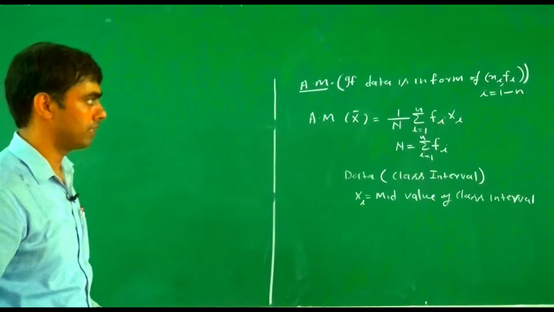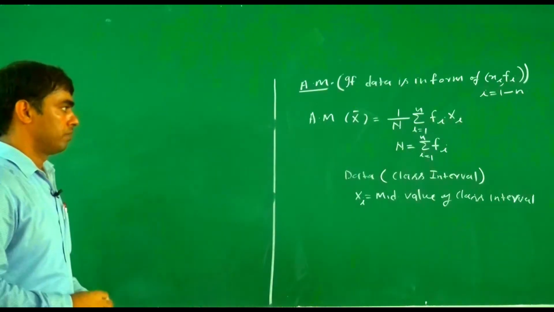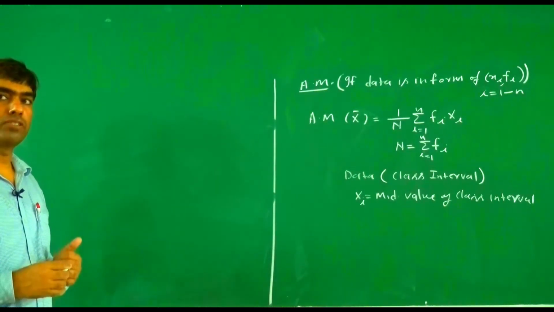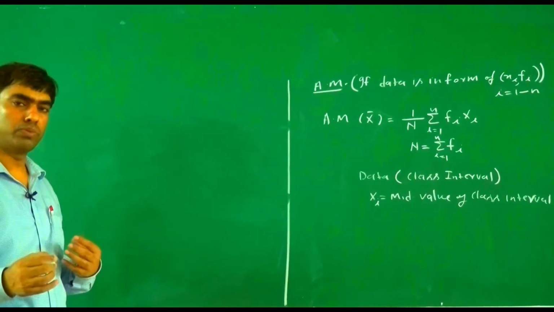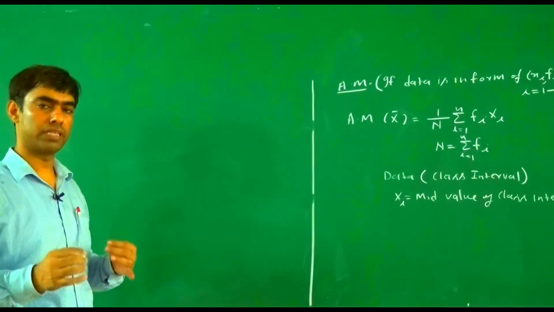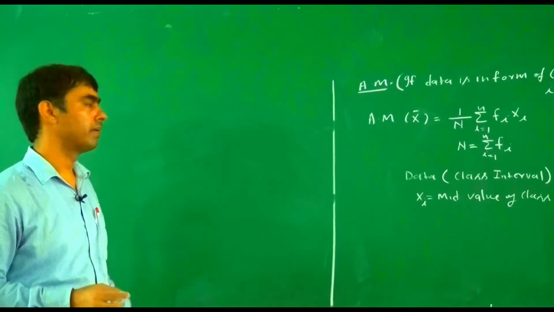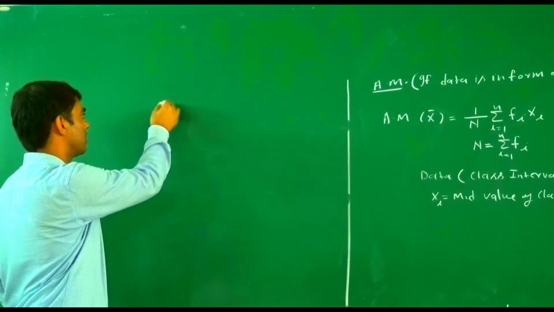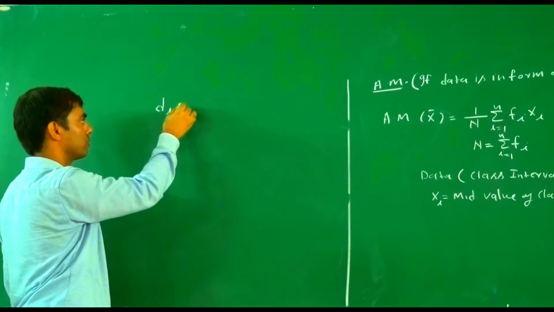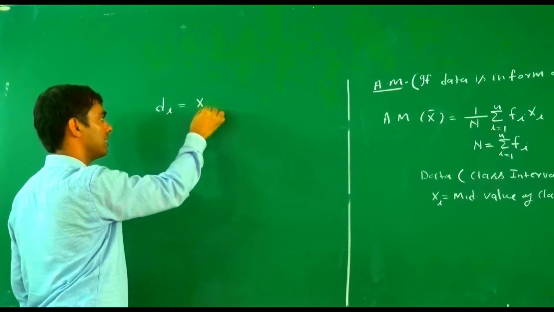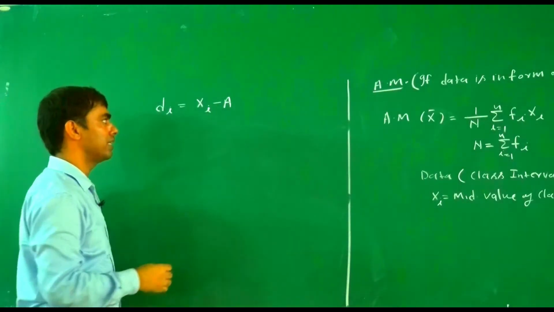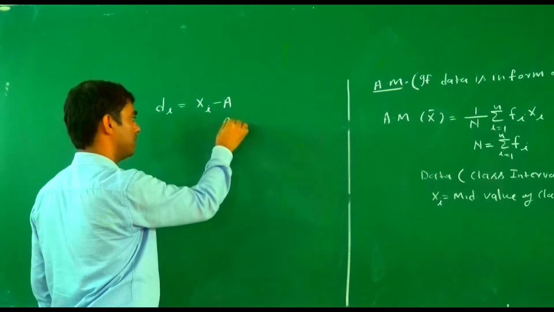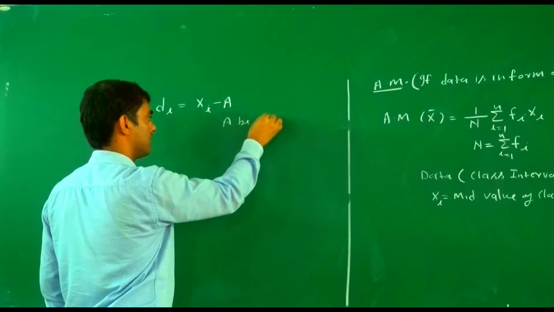If the value of x is too large, what will happen? This takes too much time for the calculation of fi xi. So in this case, we assume another variable di, which is xi minus a, where a is any constant.